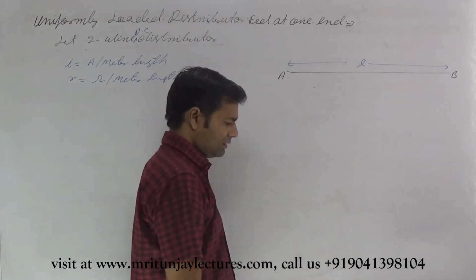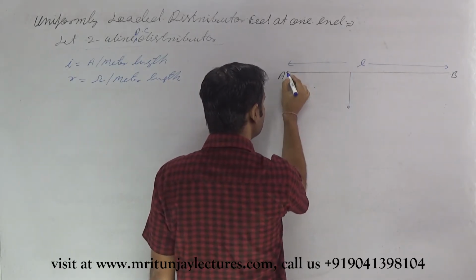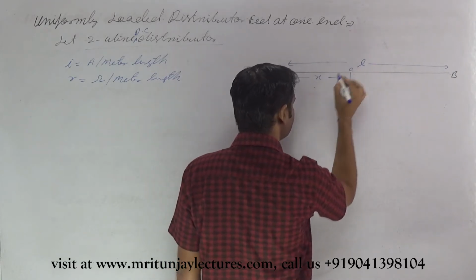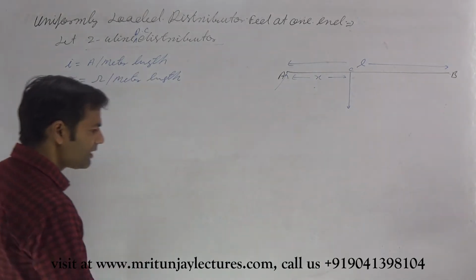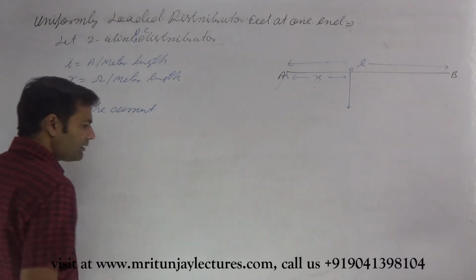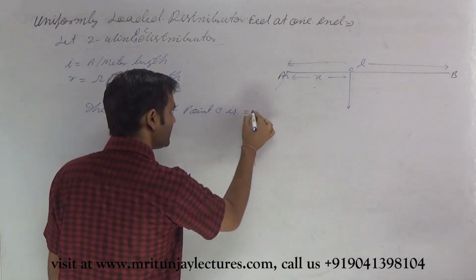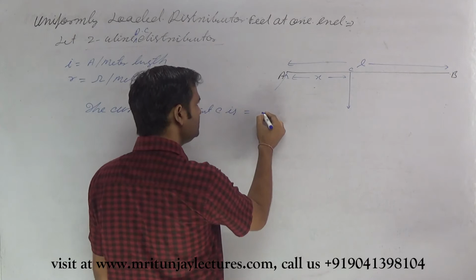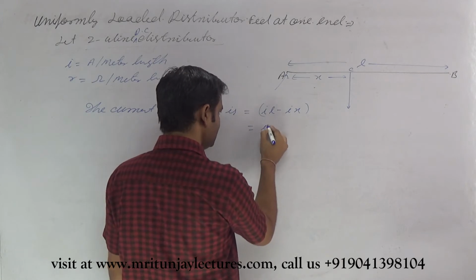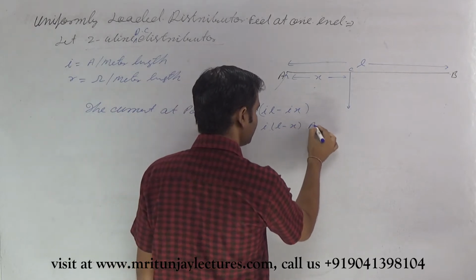Now we have considered a point C from the supply end, at distance X, and this point represents C. Now the current at point C is I into L minus I into X, or you can say I(L minus X) ampere.